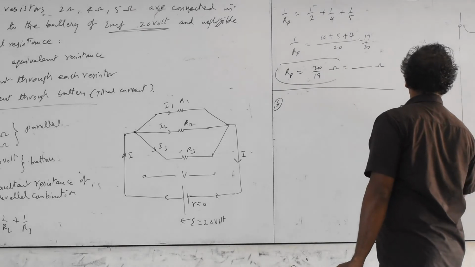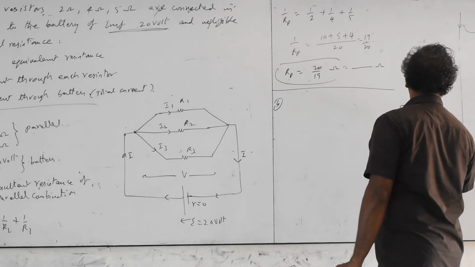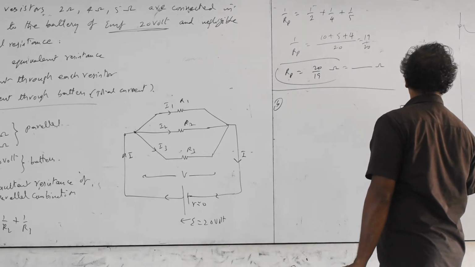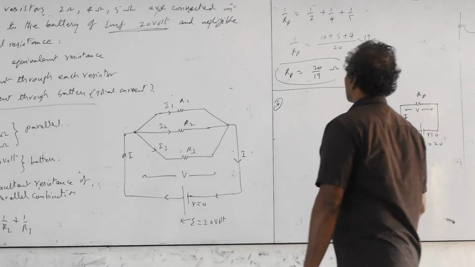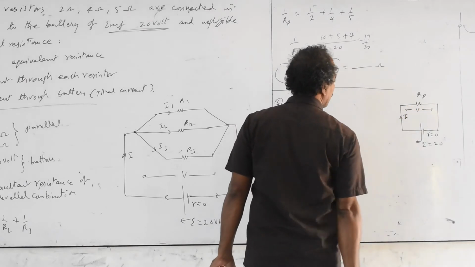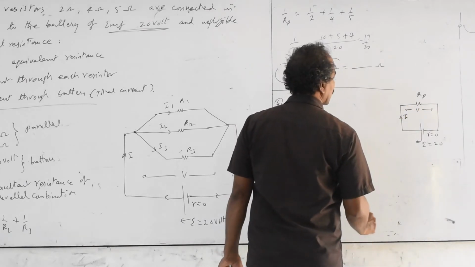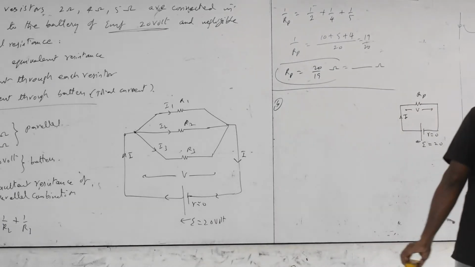This is a cell of EMF E, internal resistance r equal to 0. This is 20 volts. Current is I. Voltage across the combination is V. V is equal to I into RP. We can find V or I first.